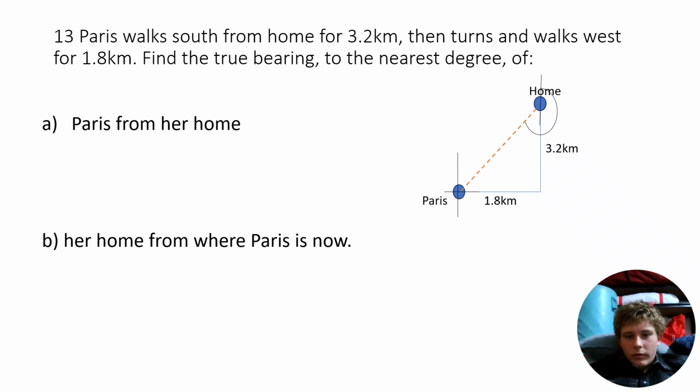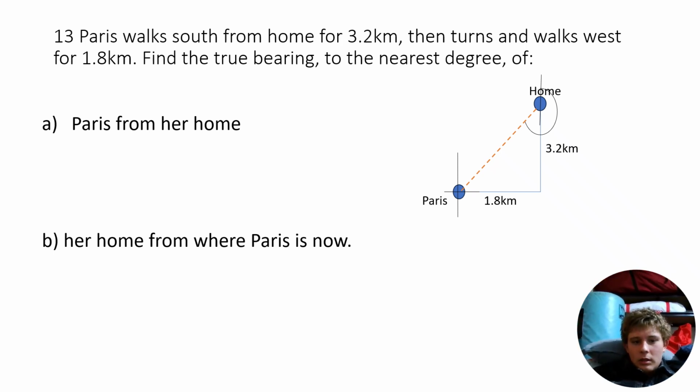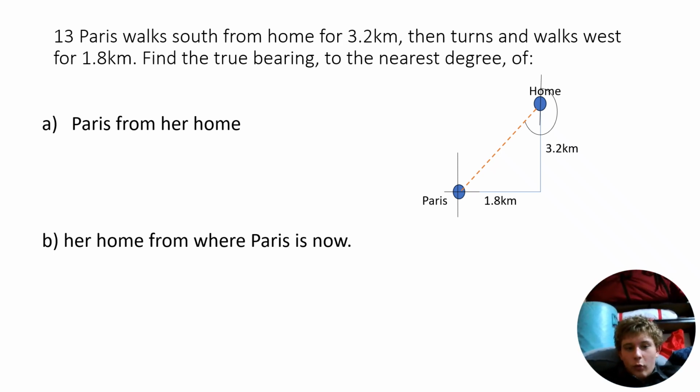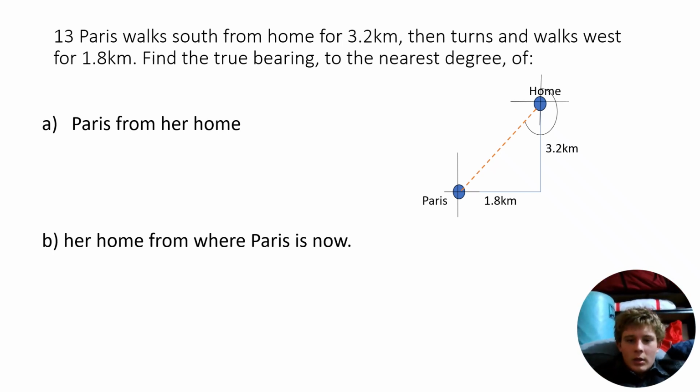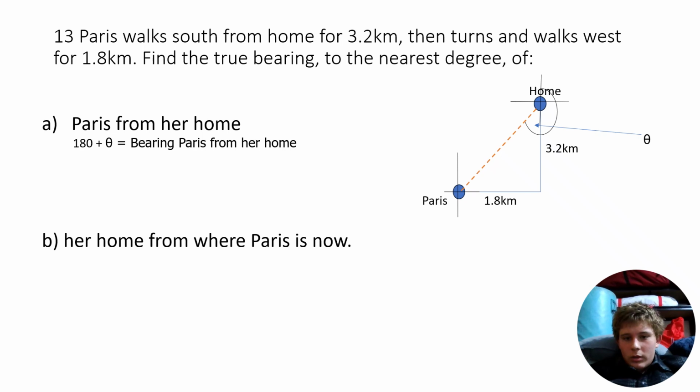Alright, so we're finding that large angle that comes around and meets us at that dotted line, because that is the distance Paris is from her home. We need to find that angle on the inside, which I'm going to call theta. As we already know, from north to south is 180, so we just need to find that end bit.